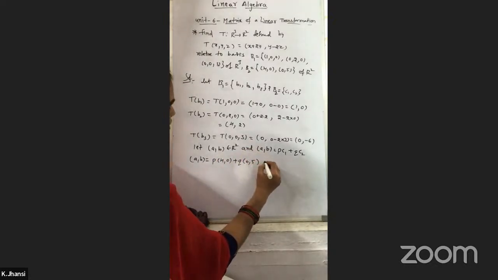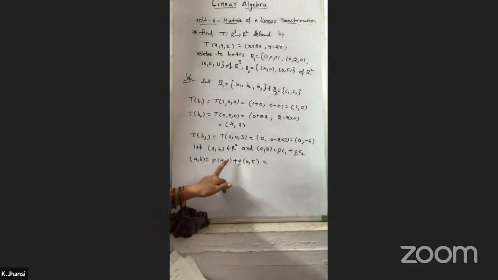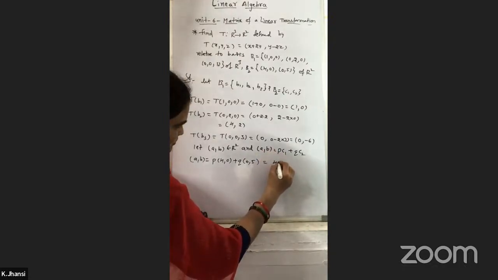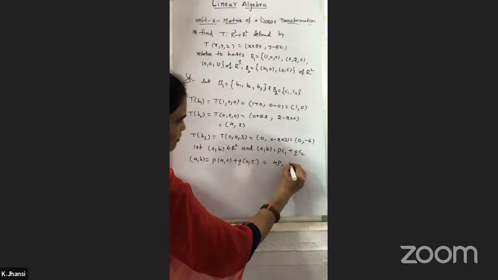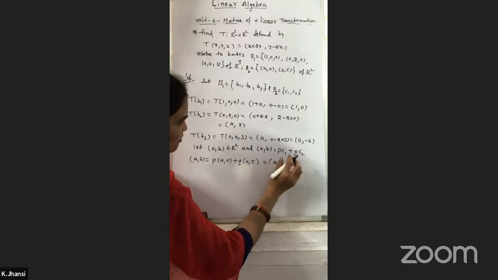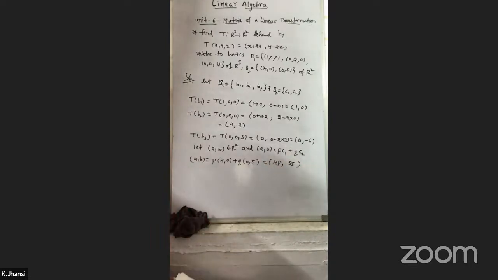When you multiply them, what will you get? This is 4p, this is 0, so only 4p, and this is 5q. So (a, b) equals (4p, 5q).